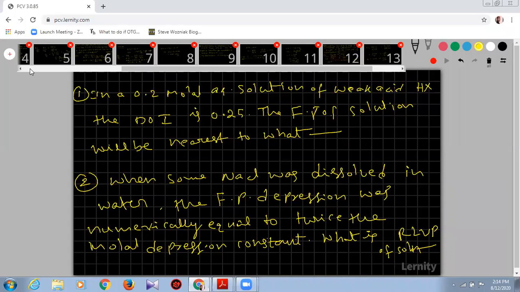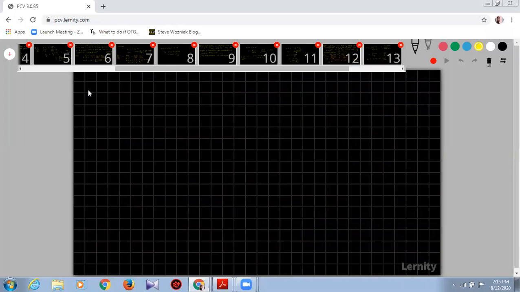Okay, so I'll give some more problems right now. Two liquids A and B form an ideal solution.